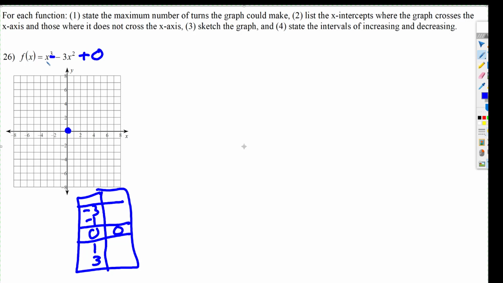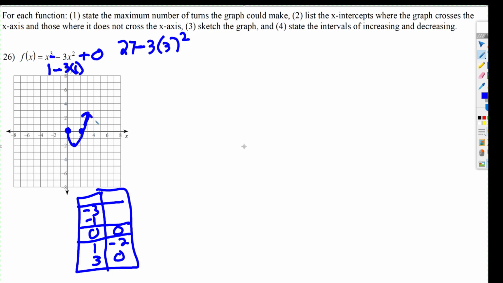So if we plug 1 in there, 1 cubed is 1 minus 3 times 1 squared is 1. 1 subtract 3 is -2. Now let's put 3 in there. 3 cubed is 27, and then minus 3 times 3 squared. Well, 3 squared is 9, so that's 27. So that's going to be 0. This was -2, so this graph so far is doing this.